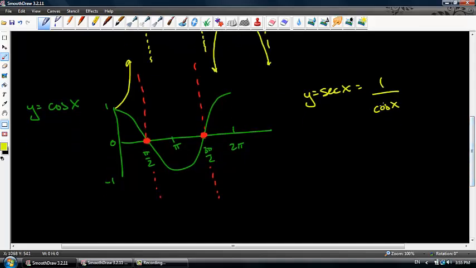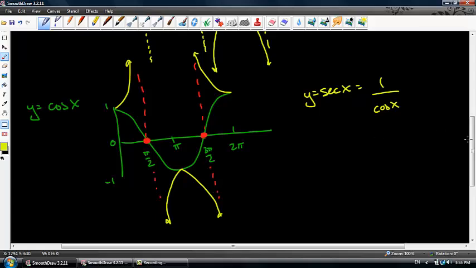And since secant is 1 over cosine, this is now upside down. And then from 3 pi over 2 to 2 pi, I like to look at it backwards actually. From 2 pi backwards into 3 pi over 2, we have this downward arcing motion, which means now we're going to have an upward arcing motion.